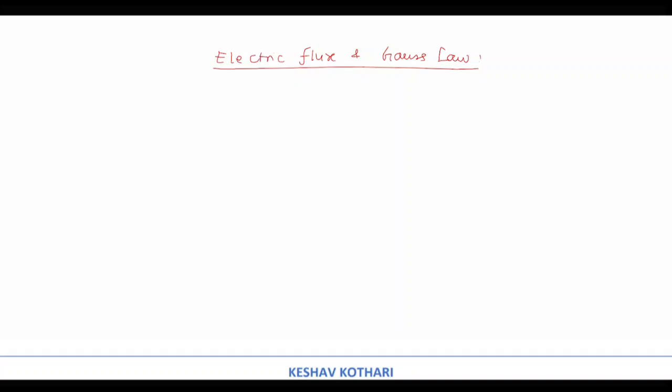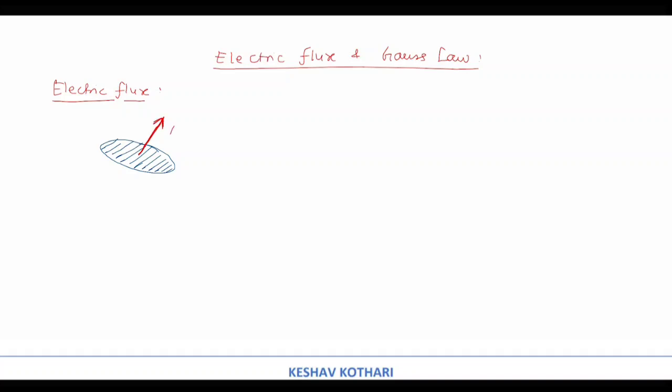So let us begin by understanding the mathematical aspect of electric flux followed by its physical significance. If we consider that an electric field is present in space and we are talking about a particular patch, let us take something like this, that this is the area vector about which we are going to discuss electric flux. We are considering that the outward normal is treated as positive for the time being.